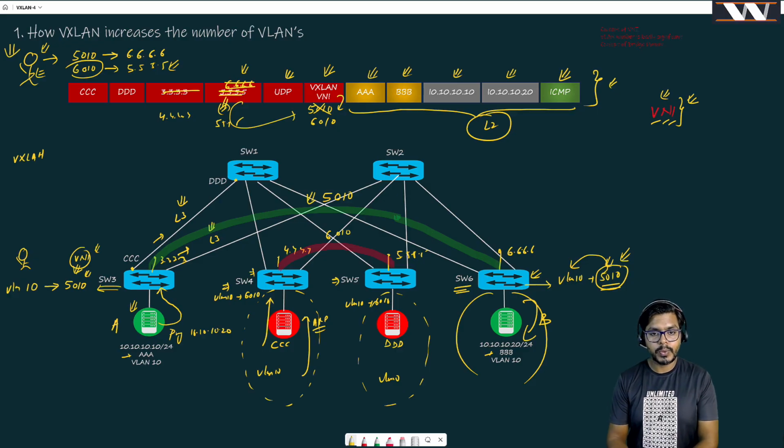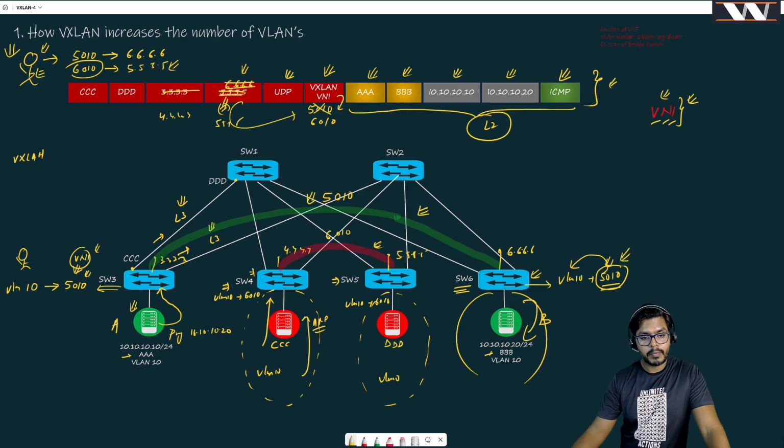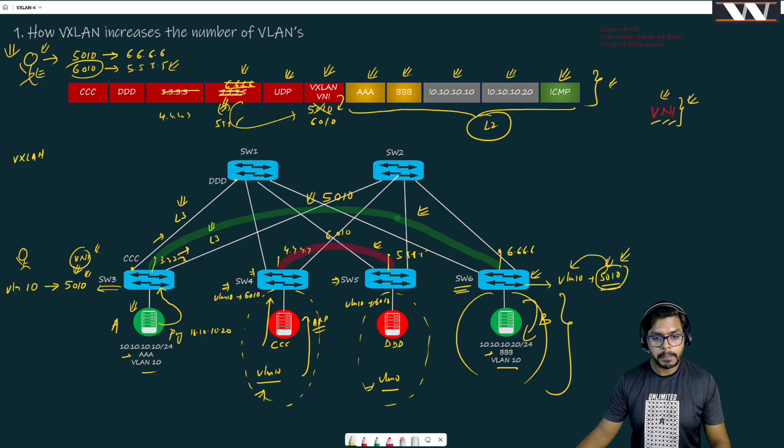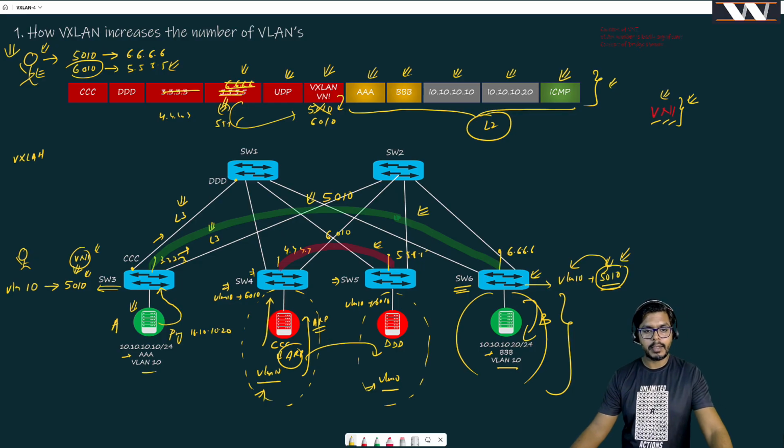Now we have two different links, right? Although the VLANs are the same, VLAN 10, VLAN 10, VLAN 10, and VLAN 10, this doesn't have any significance. All these numbers are locally significant. Why? Although these two VLANs are the same, their ARP message will be, suppose if CCC sends an ARP message, it will be coming only here to switch 5, right?